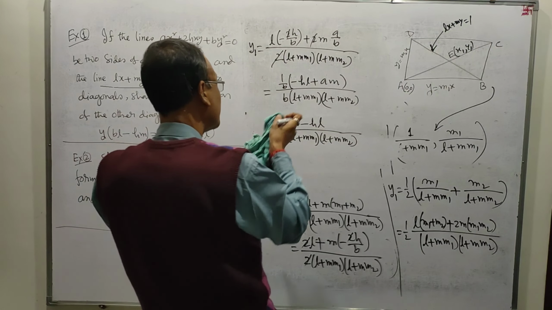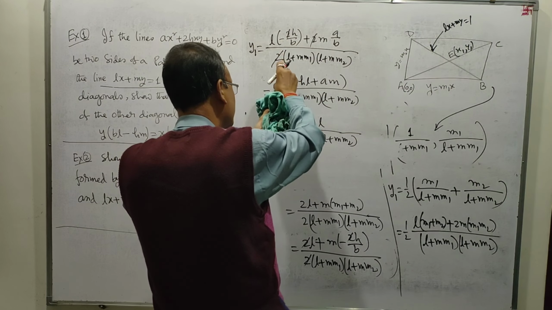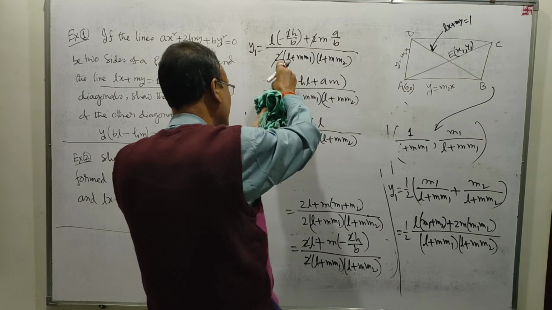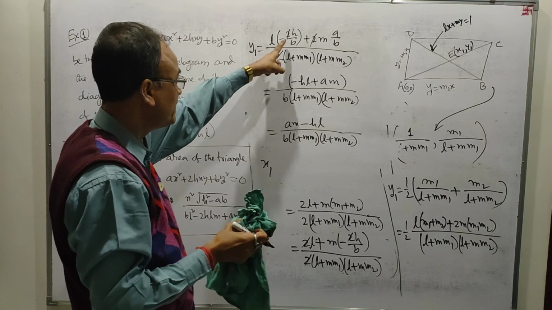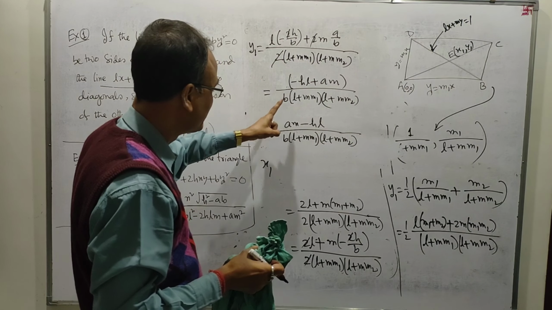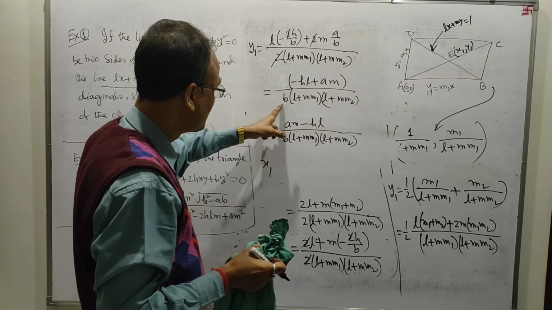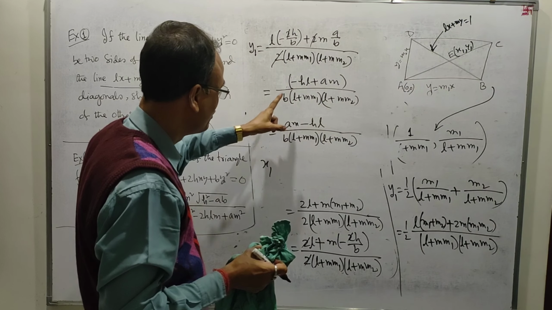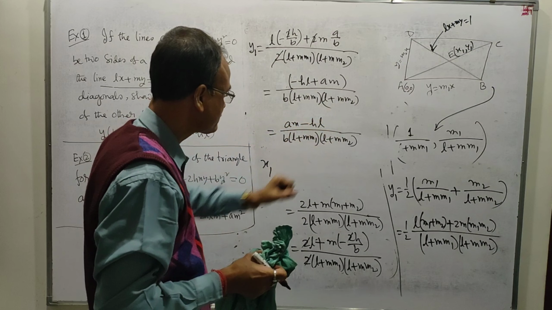Just I have written B 2 times, please remove this one. It will be minus HL plus AM divided by B, and B will come to the denominator.